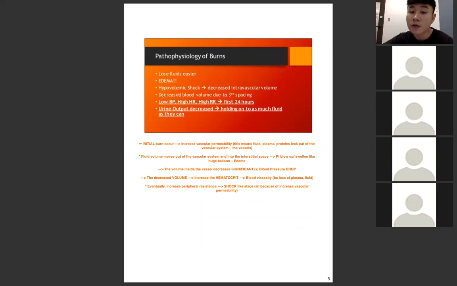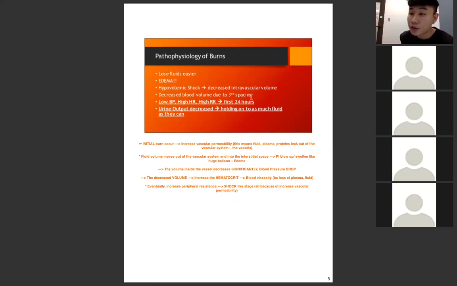Not only because of the leakage of the fluid, the blood volume can also decrease because of third spacing. Like I mentioned earlier, because the blood vessel is damaged, all of the substance leaks out of the blood vessel, and these substances include albumin.